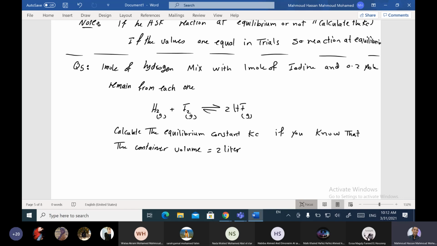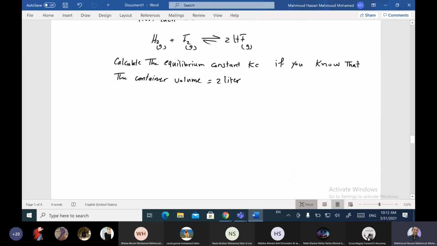We must return back to the ICE method. H2 plus I2 gives us 2HI. Initial concentration, changeable concentration, reaction at equilibrium. At the start, we find the number of moles is 1 for the reactants and 0 for the product.